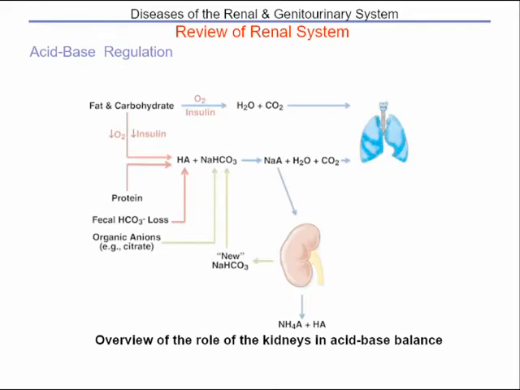Thus there will be progressive accumulation of acid if the endogenously produced carbon dioxide were not excreted. So if the carbon dioxide produced by your metabolism of your food products is not excreted, then there will be an accumulation of acid in the body.